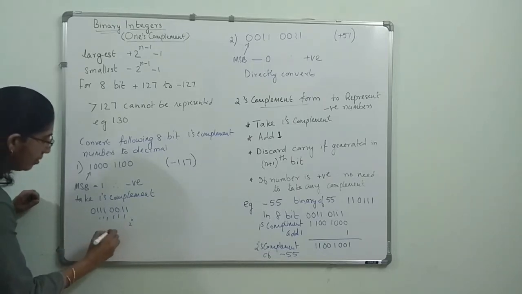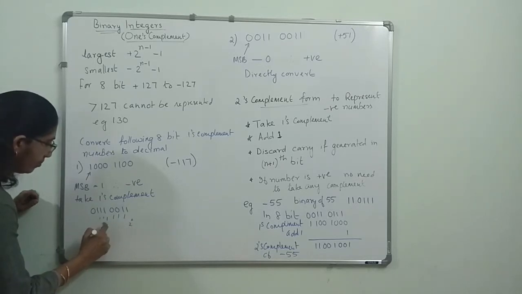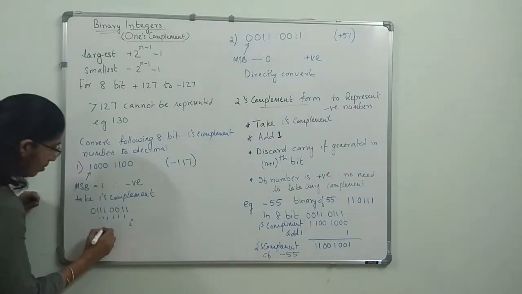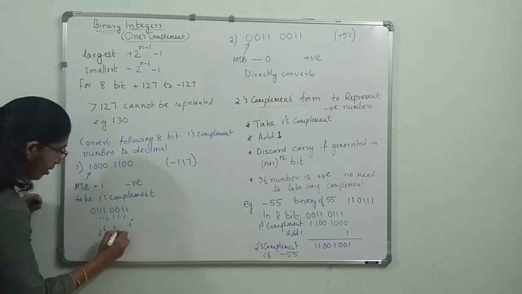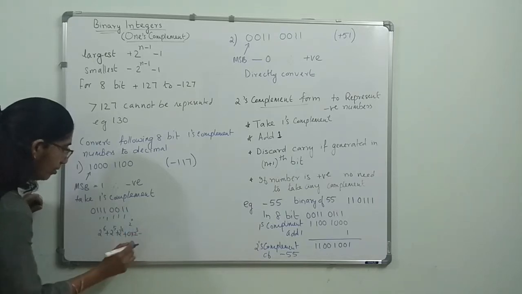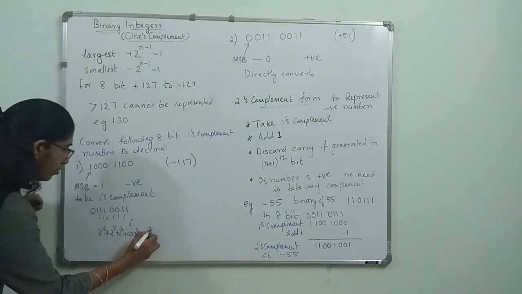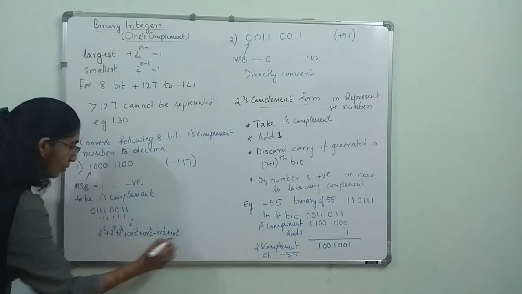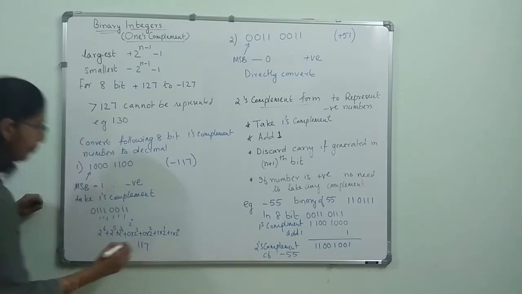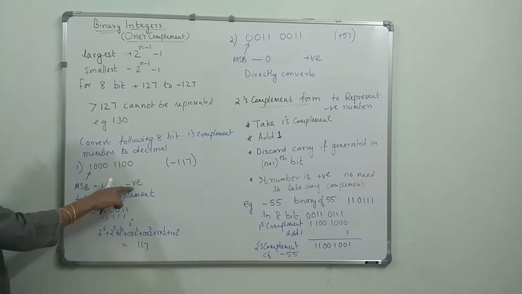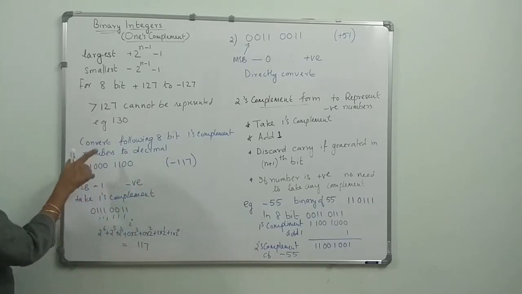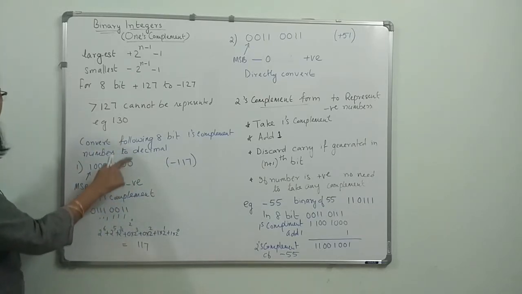How much you get? 2 raised to 5 plus 2 raised to 4 plus 0 into 2 raised to 3 plus 0 into 2 raised to 2 plus 1 into 2 raised to 1 plus 1 into 2 raised to 0. You will get this as 117, and it is a negative number. So the number given is minus 117.